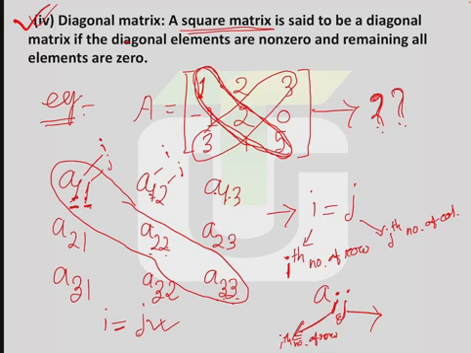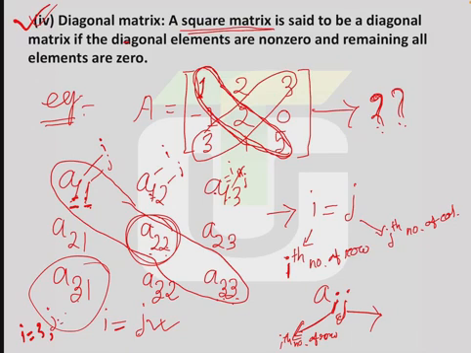But here you can see, in this other diagonal, I is not equal to j, right? This one is equal, but this one is also not equal. That means I is equal to 3 and j is equal to 1 here, so I is not equal to j.